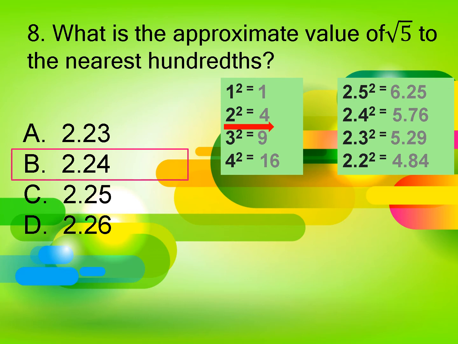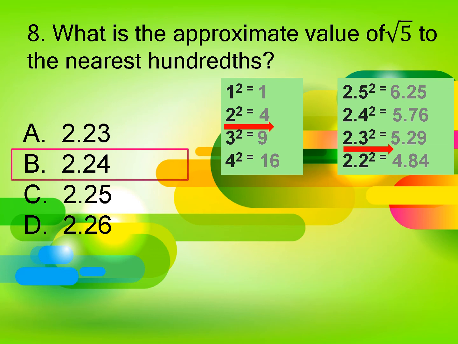Observe that 4.84 is lesser than 5. So meaning we will stop at 2.2. So meaning square root of 5 lies between 2.2 and 2.3.